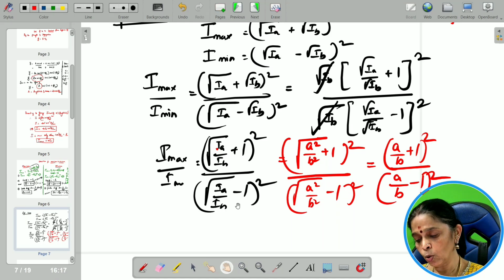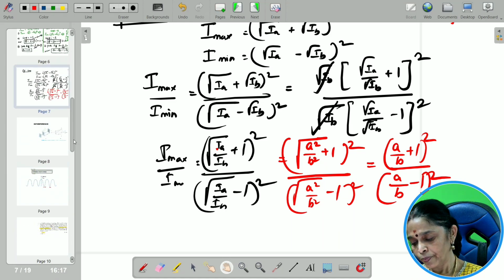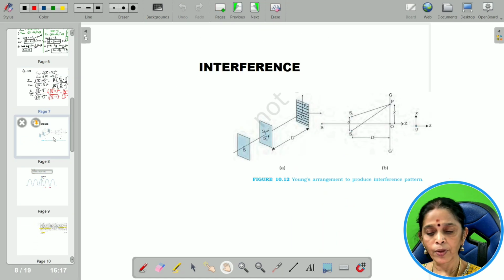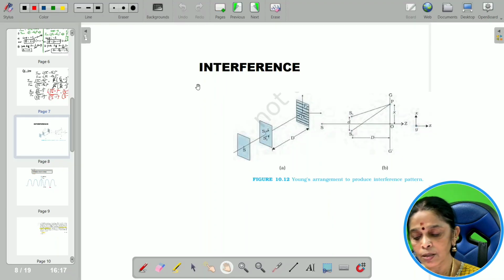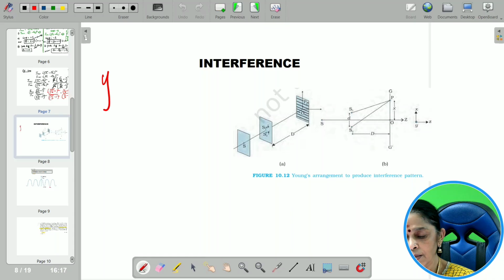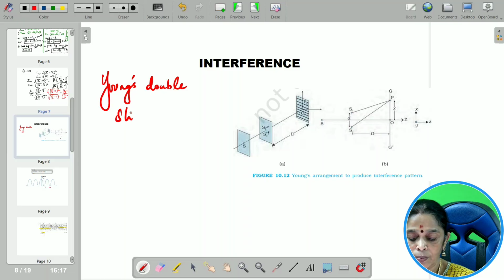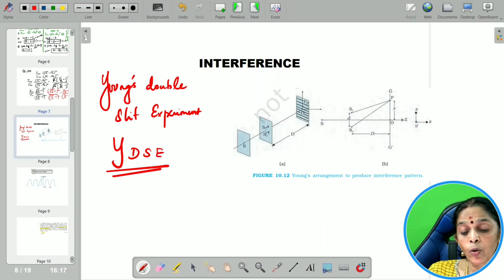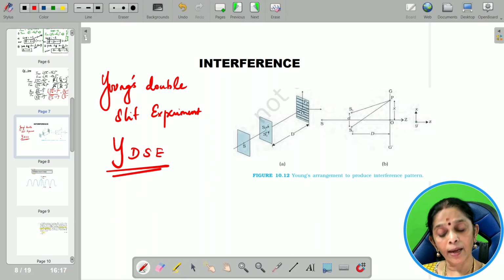Now, we will go to the YDSE interference. This is Young's double-slit experiment, simply called YDSE. You can notice this NCERT diagram.